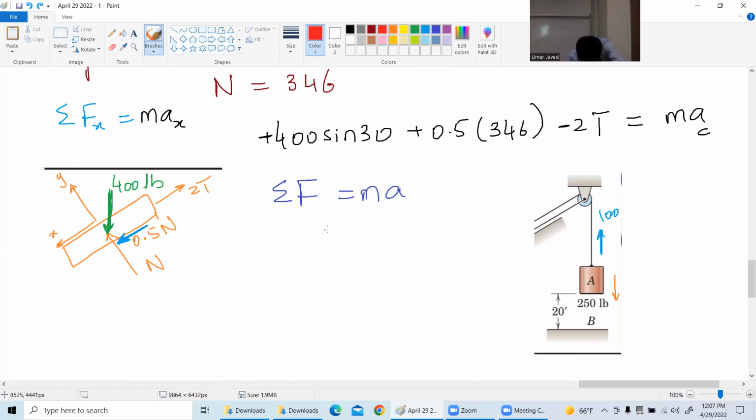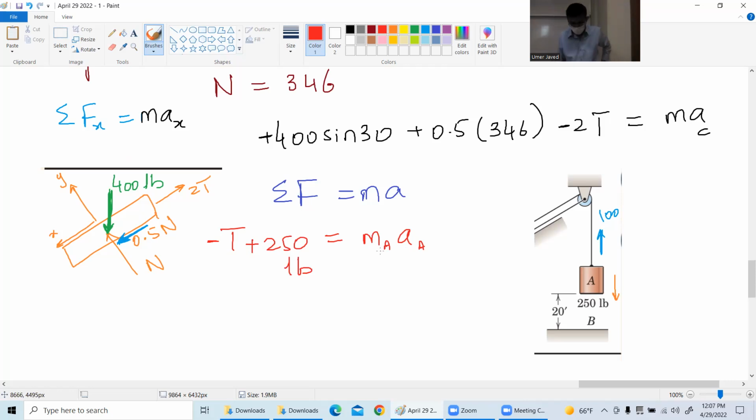So if it is going downward, then it is equal to MAB. Then summation of forces is negative tension plus 250 pound force is equal to MAB. Yeah, pound force.